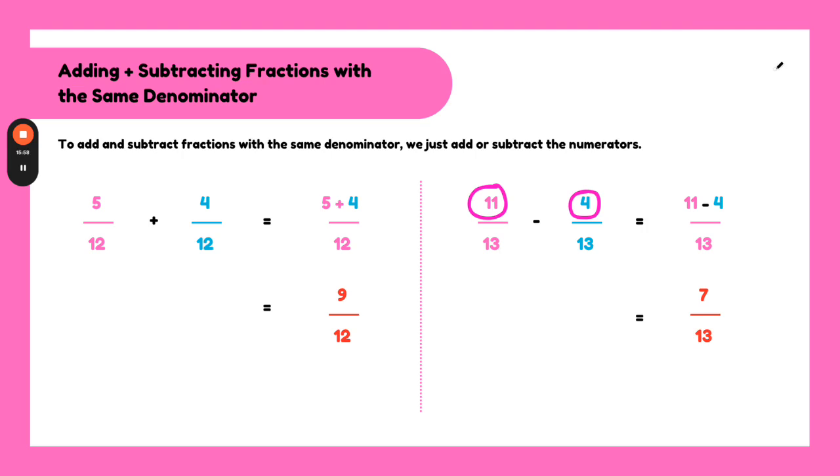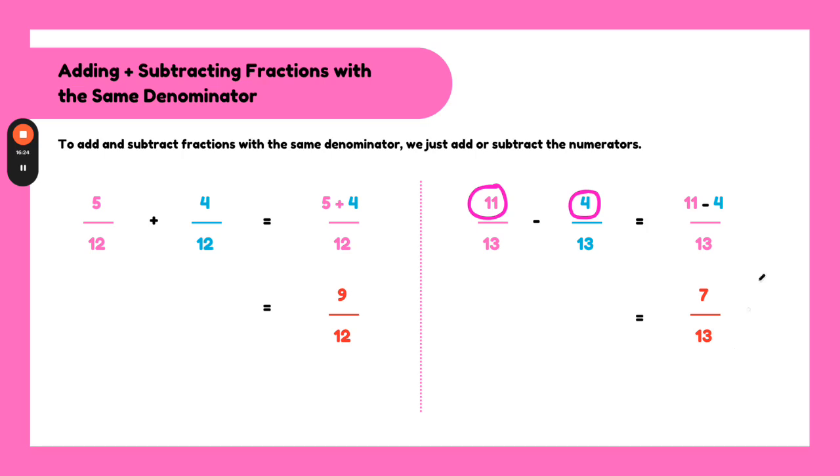So, quick recap: when you add or subtract fractions with the same denominator, we just add or take away the numerators. So here we've done 5 plus 4 over 12, which gave us 9 over 12, and 11 take away 4 over 13 gave us 7 over 13.